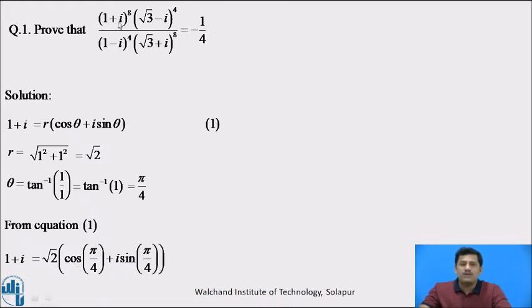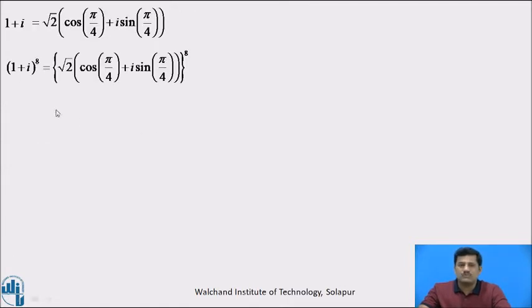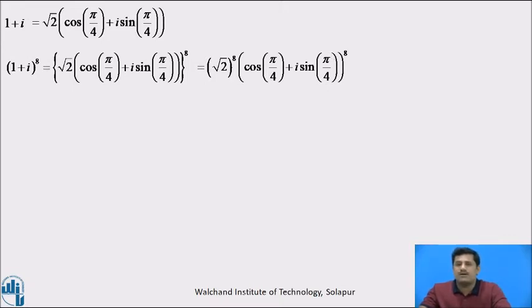We want 1 plus i to the power 8. Taking 8th power on both sides, we get this equation. Now on the right hand side, taking separate powers of root 2 and the bracket, we get root 2 raised to 8 into the bracket raised to 8. Here we want to write this bracket in terms of cos theta plus i sin theta raised to some power.